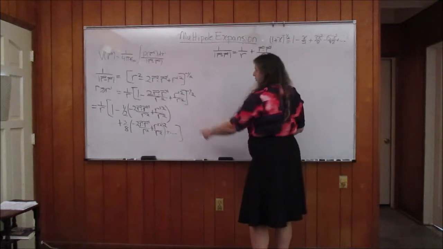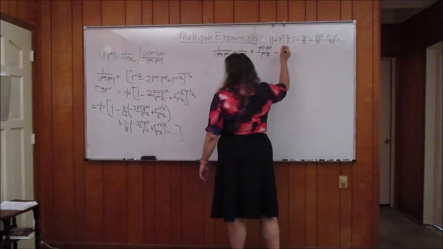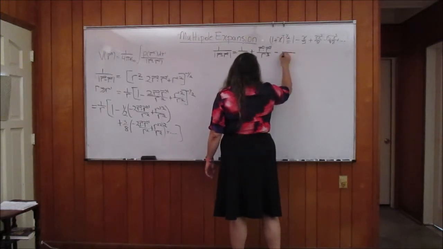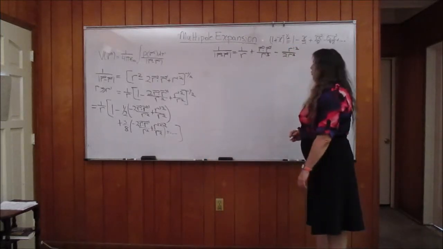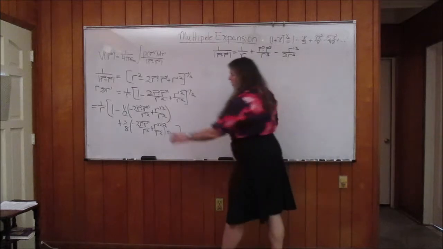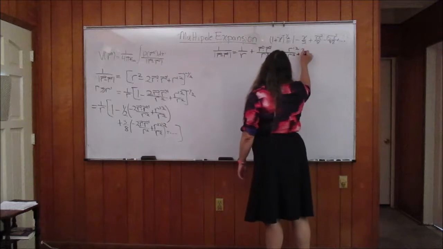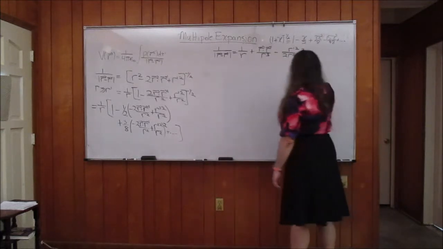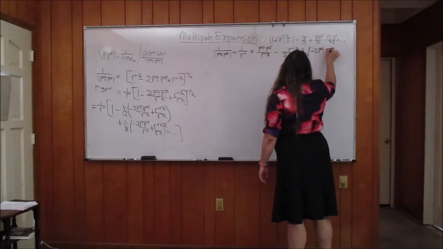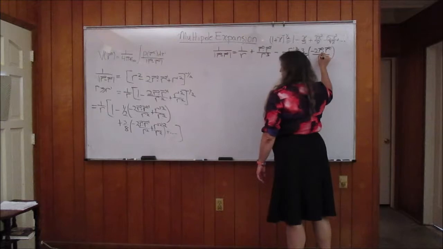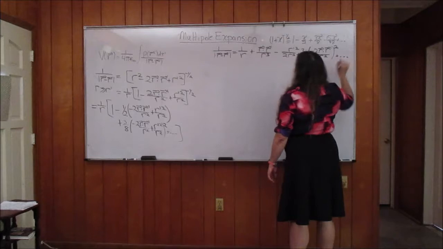Okay, so now we're looking for the terms that go as 1 over r cubed. That'll be the second term from the first set of parentheses, and that's r prime squared over 2r cubed. And there'll be one contribution from the second set of parentheses. You've got a 3/8 out front, and so forth.